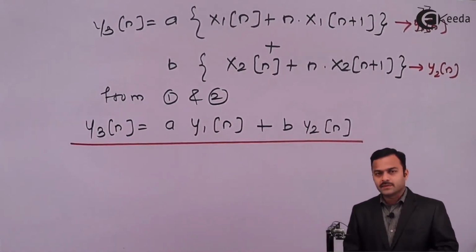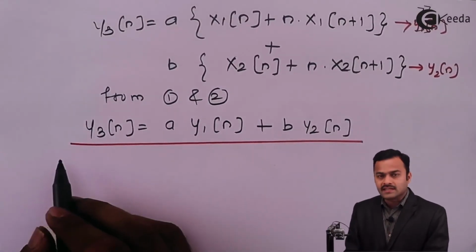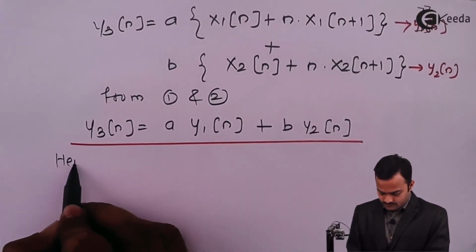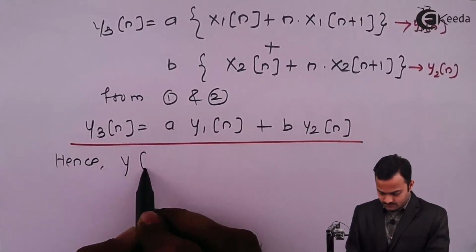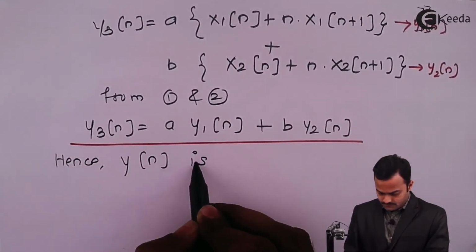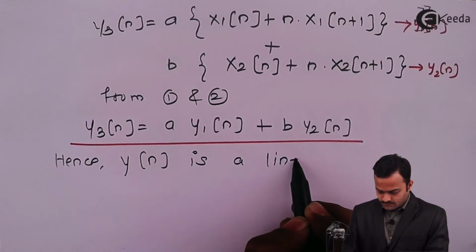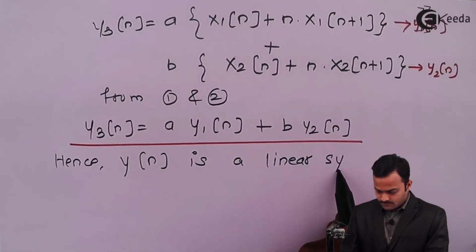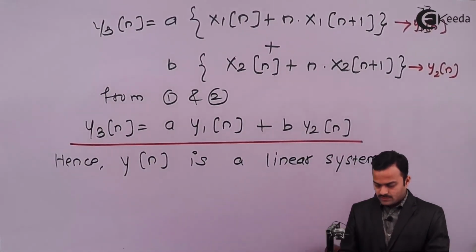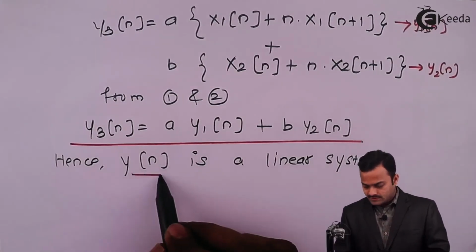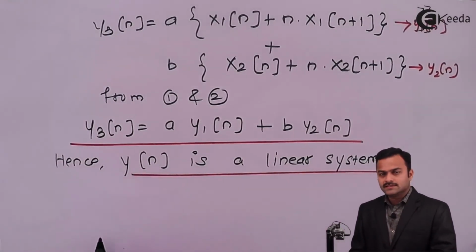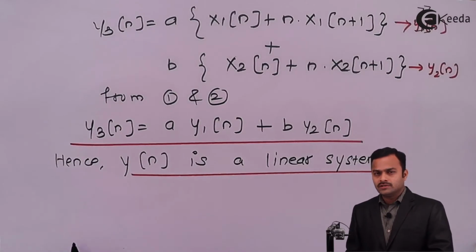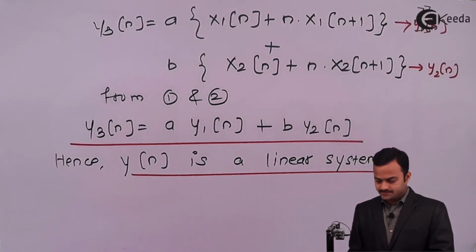So pertaining to this expression, I can say system is linear. So linearity is satisfied over here because this system exhibits the property of homogeneity and superposition.